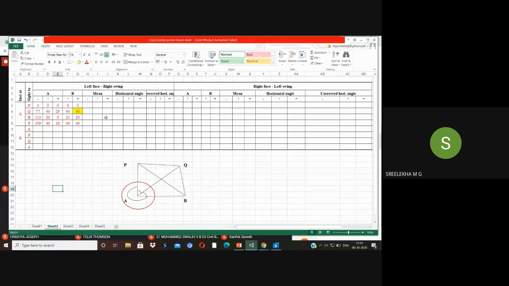And how much second? 40. 40. Others, can you identify? Because here it is 21. 21 minute means we can split as 20 minute plus 1 minute. 1 minute you can carry over to seconds, so that is 60 second. So 60 plus 20 you will be getting 80 second. Take the divided by 2, you will be getting 40 second. Okay. Similarly, you can get here also what is the mean value.